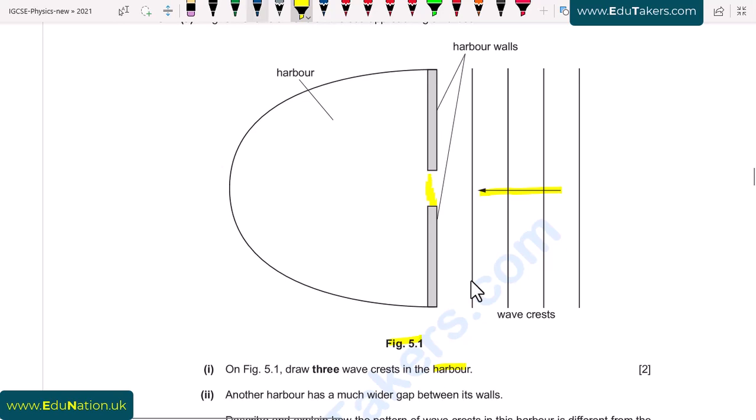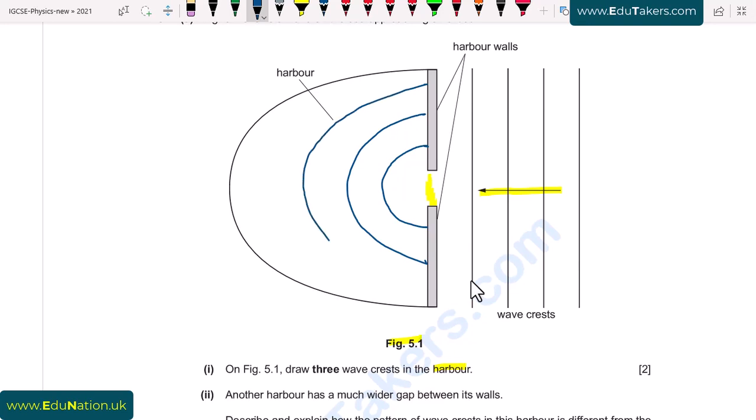So when I draw them, this is the first crest, this is the second crest, this is the third crest.